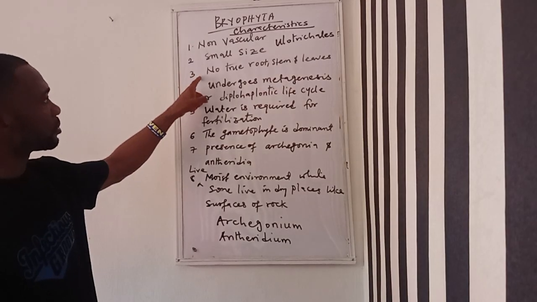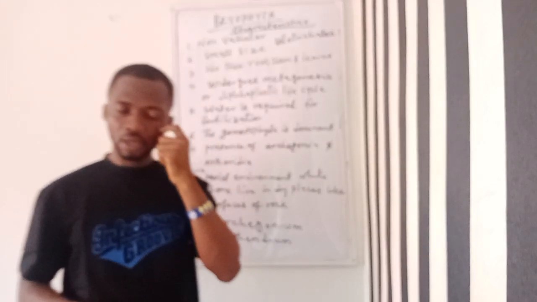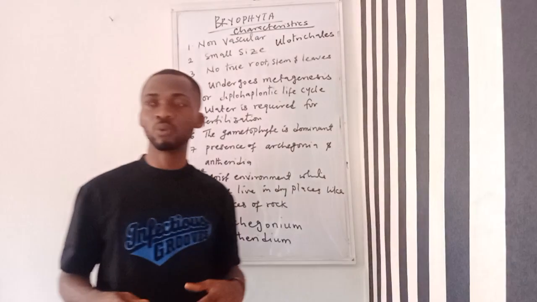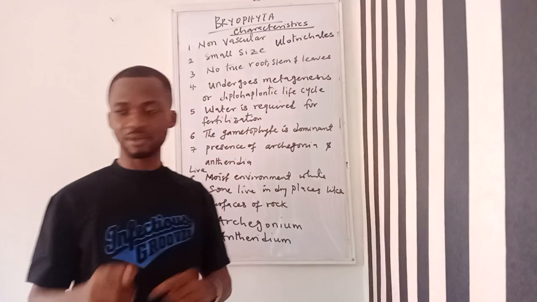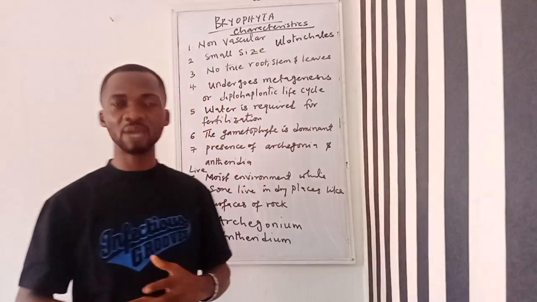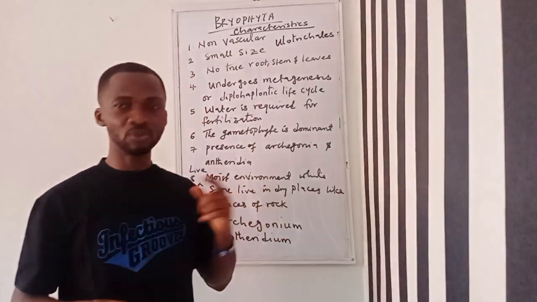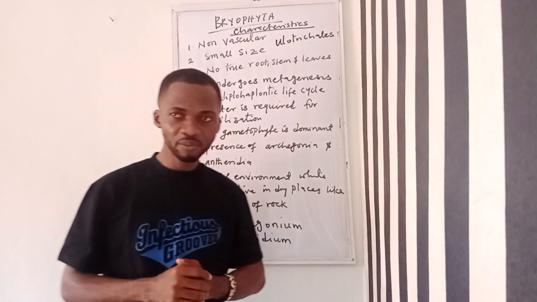Then, number three, no true root, stem, and leaves. If you can remember, when we talked about algae and fungi, we said that because they are grouped under Thallophyta, they have a thallus-like body; their body cannot be differentiated into stem, root, and leaf.